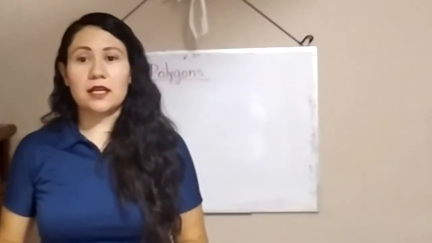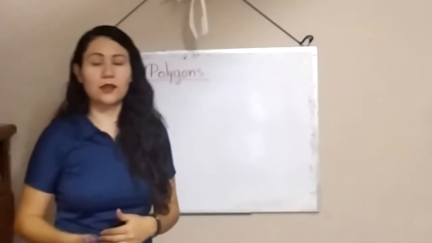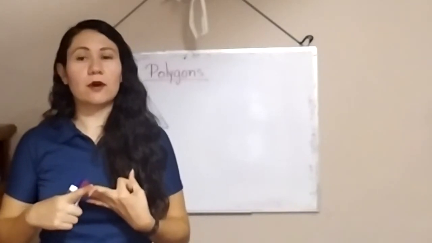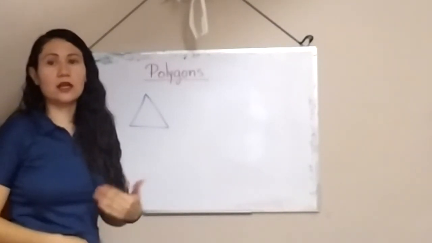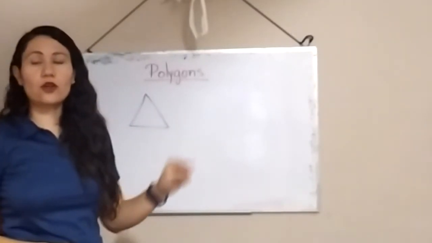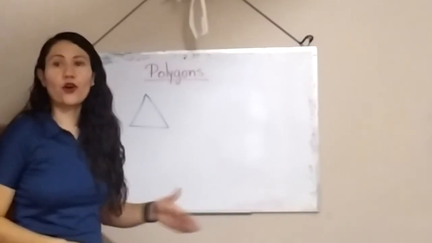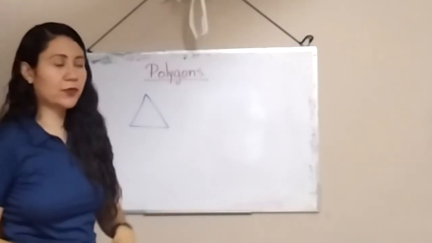Triangles can be classified by their angles, just like angles. Okay? We have acute, we have right, and we have obtuse. Okay? Acute triangles are triangles that have all of their angles as acute angles, meaning all of their angles measure less than 90 degrees.